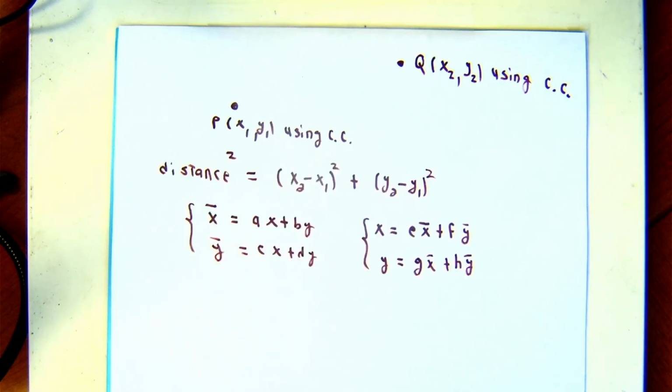We know, though, that we can write the coordinates in one system as linear functions of the coordinates in the other. So P also has x bar, y bar coordinates. Also Q does. I want to think about how the distance calculation would go.